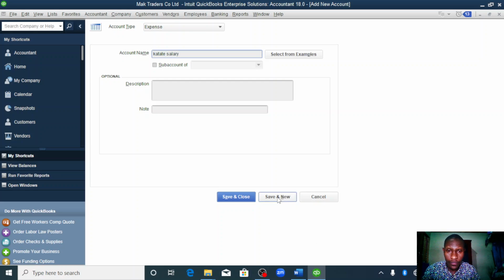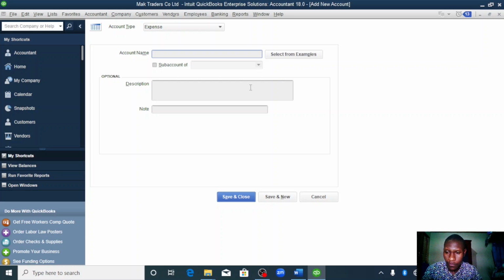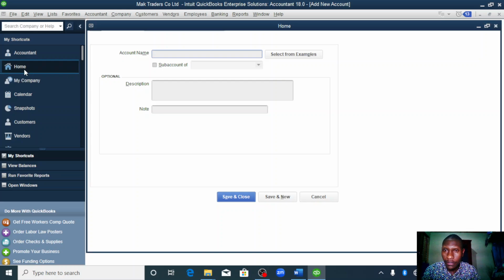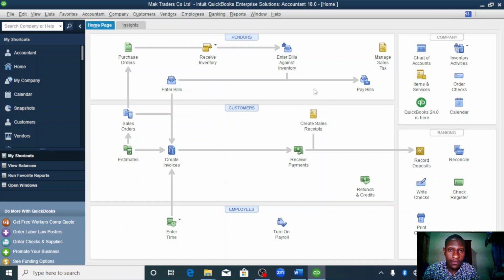Save and close because they are over. We go back to our chart of accounts.